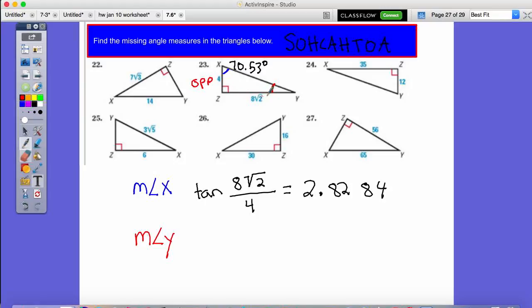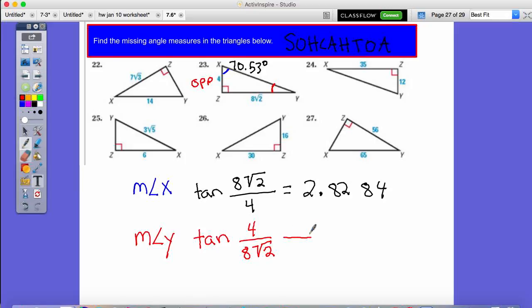And 8 radical 2 is adjacent to y. So to find the tangent, it's opposite divided by adjacent. The opposite is 4. The adjacent is 8 radical 2. So I'm going to do the bottom part first here. Square root of 2 is 1.414, goes on, times 8.